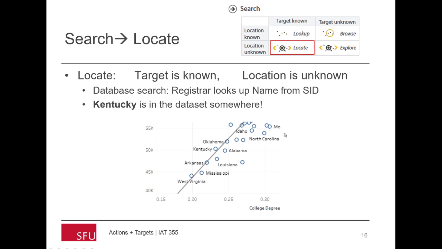And given that I was scatter plotting states, I had states with college degree and median income. I know Kentucky's in that collection somewhere, but I don't know exactly where it is and exactly what all the data is, so I need to locate it. So slightly more computational work might be present in this kind of task. And that's what's implied here, that the location is unknown.